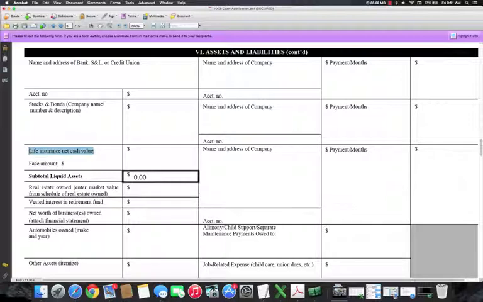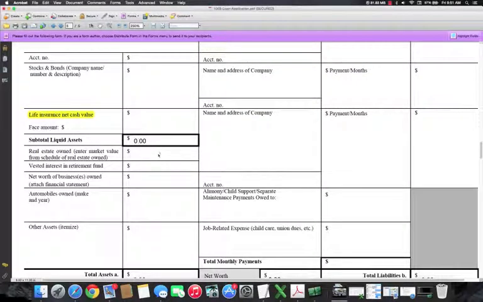One big mistake that so many people make is if they've got a $500,000 life insurance policy, they'll put $500,000 as an asset. It's not an asset. If you have whole life, universal life, variable life, things like that that actually have cash value in it, that's where you put that, but not the face amount.